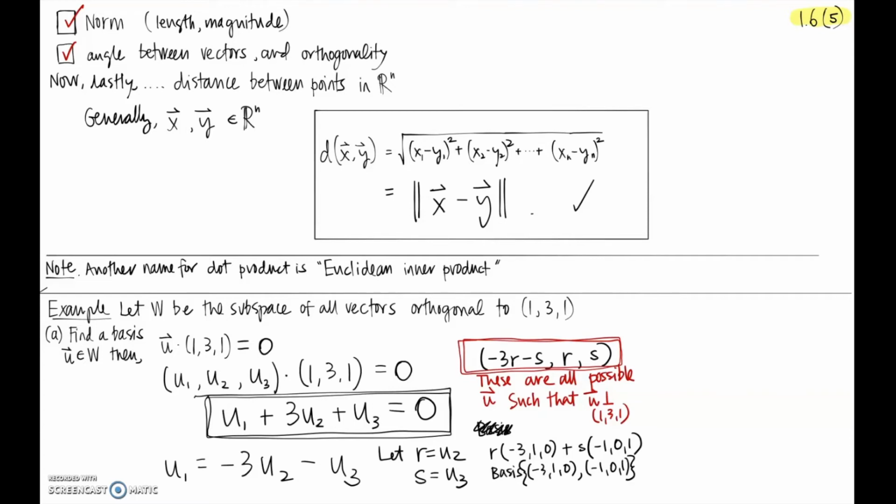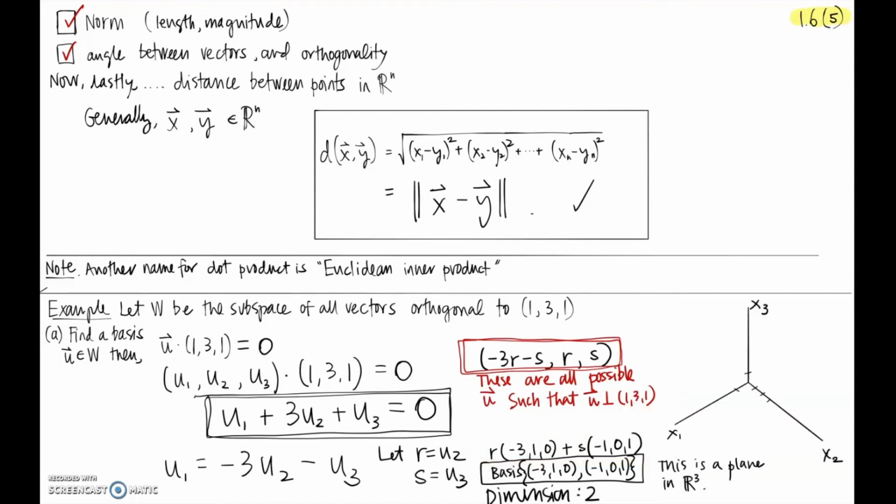I'm running out of room here. So this is a basis. This was the hard thing that we needed to find. And the dimension is 2. And if you took all of the linear combinations of this basis, or in other words, this set of all possible vectors that are orthogonal to this guy, then you get a plane in R3.